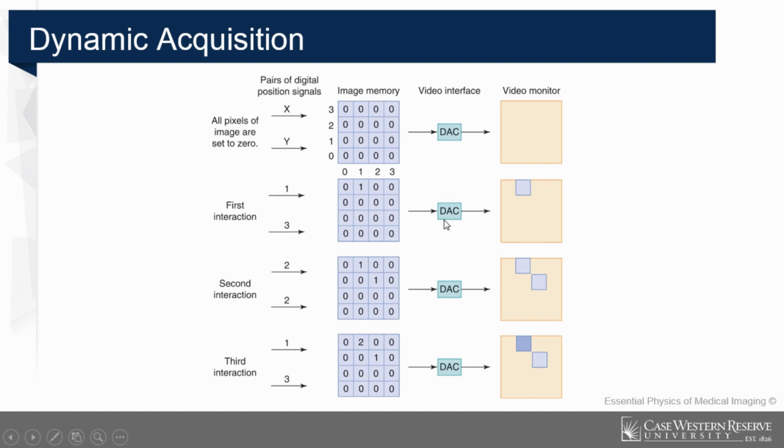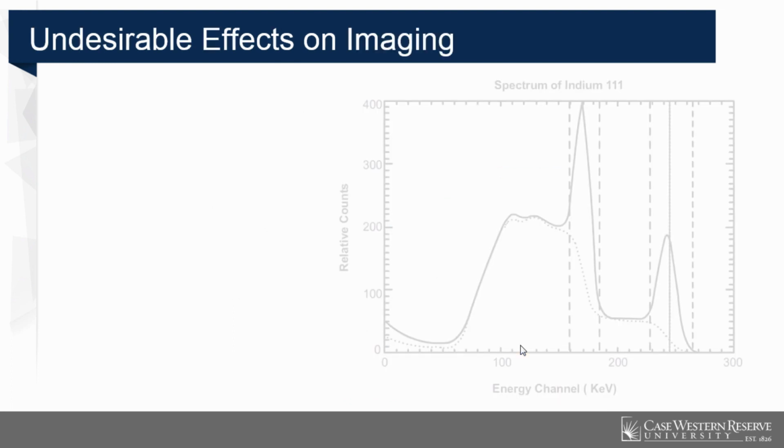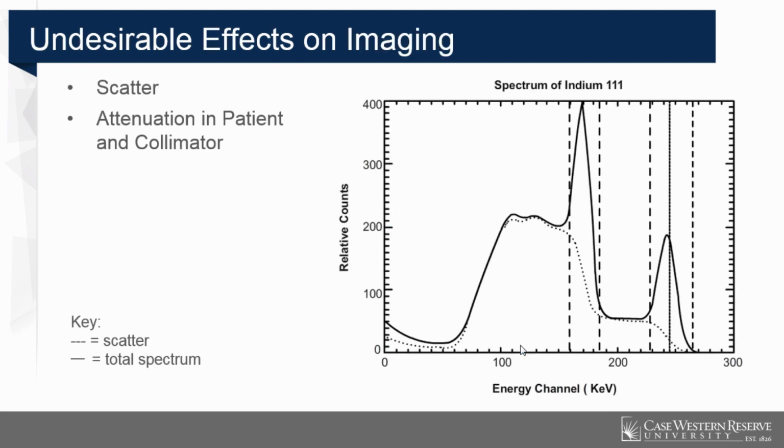Then it will go through the digital back to analog conversion so that you can have signal to be displayed on the screen. Second event coming in at a different position, display. Third event on the same position. So at the same position, the imaging intensity will be stronger, so on and so forth for the dynamic process.